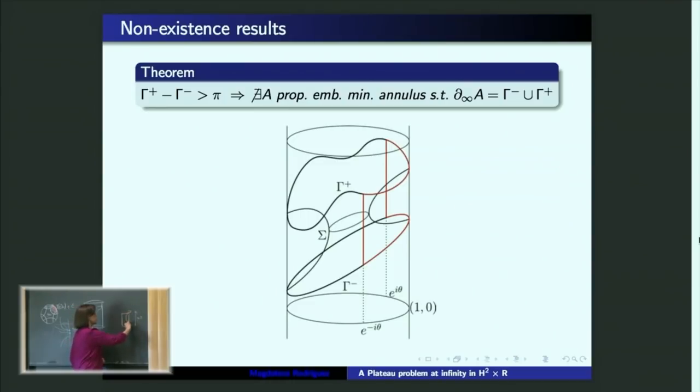And we know that there exists a minimal disk with this boundary at infinity, and it is in fact invariant by a hyperbolic translation. This was first obtained by Laurent Hauswirth when looking for all the examples whose horizontal sections have constant geodesic curvature, and also by Sa Earp and Toubiana when they were looking for minimal surfaces invariant by horizontal translations.